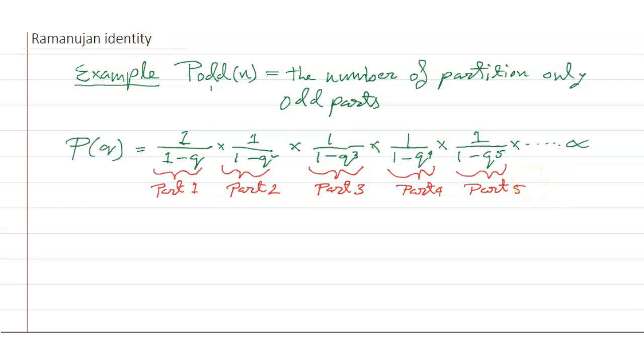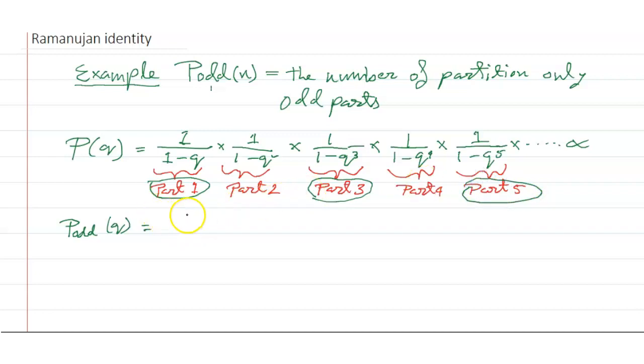So friends, P odd Q means only the odd parts. I shall take only odd parts, like part 1, part 3, part 5, which are odd numbers.